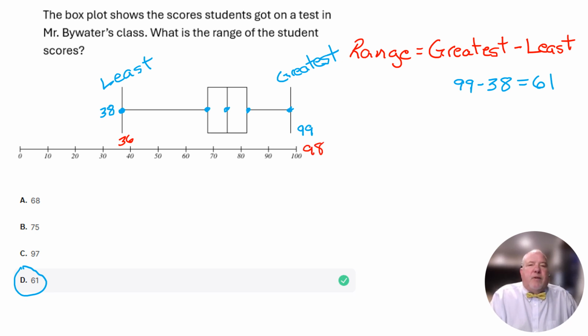And so then if you subtracted those, 98 minus 36, you would get 62. And then you still would pick whichever answer was closest to that, which is the 61. So there shouldn't be any way when you're estimating the least and greatest values that you could get an answer of 68. If you did that, you didn't estimate the numbers very well.